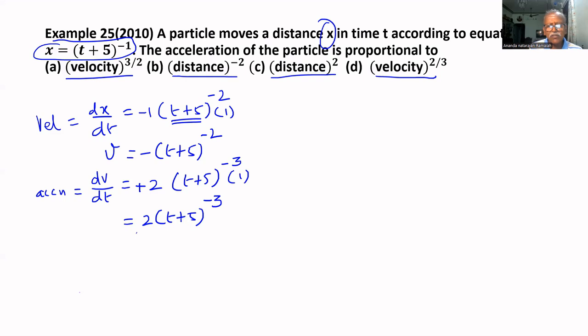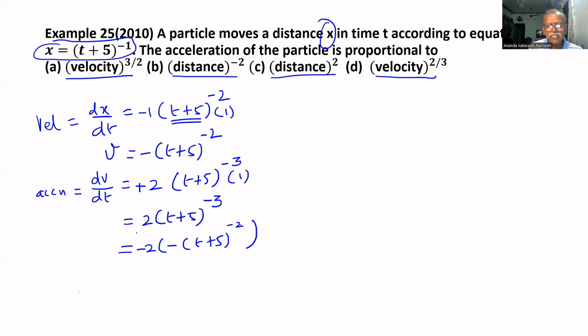So to convert this into minus 2, I'll write like this: minus 2 times minus t plus 5 to the power minus 2. Here I can substitute velocity. Why did I put minus 2? Here the acceleration has plus 2, that's why I put minus 2 times minus of t plus 5 to the power minus 2.